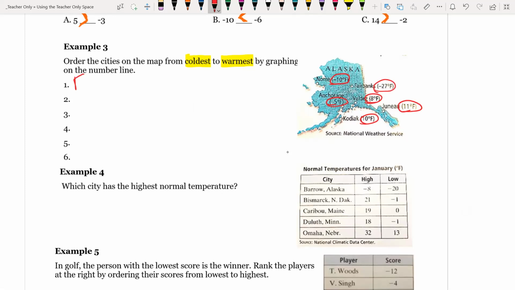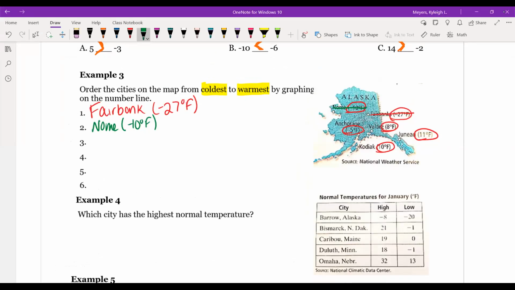Well, it's going to be Fairbank, right? With -27 degrees. And then, so we use this one. What's the next one? It's Nome, right? With -10 degrees Fahrenheit.